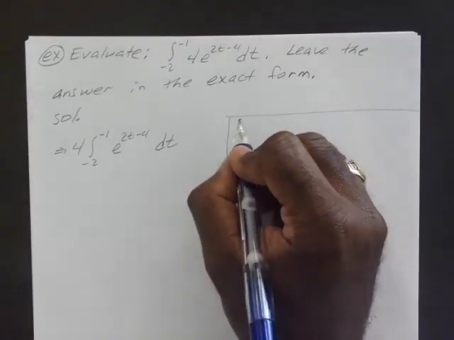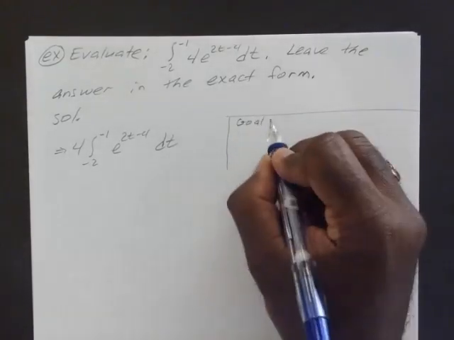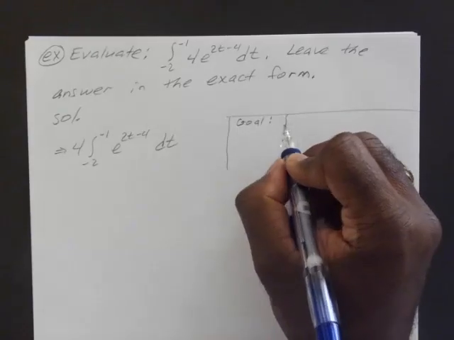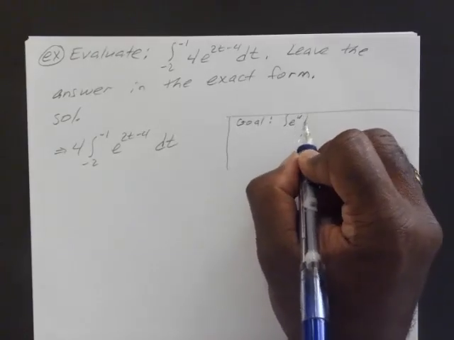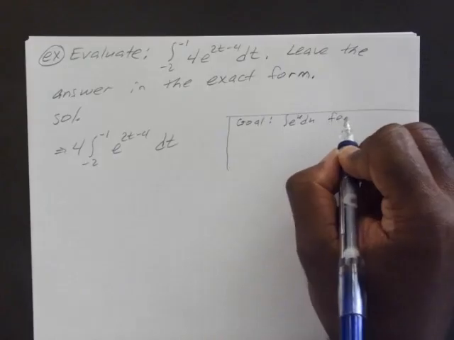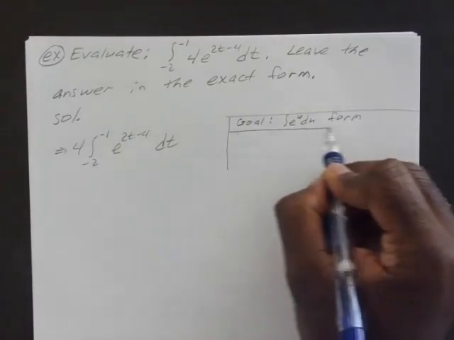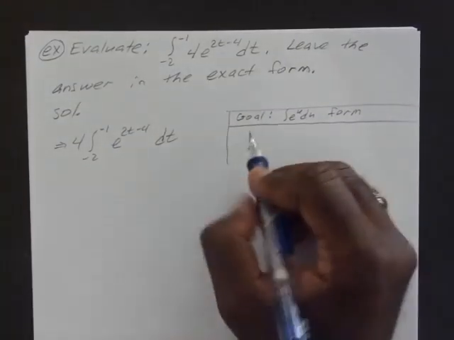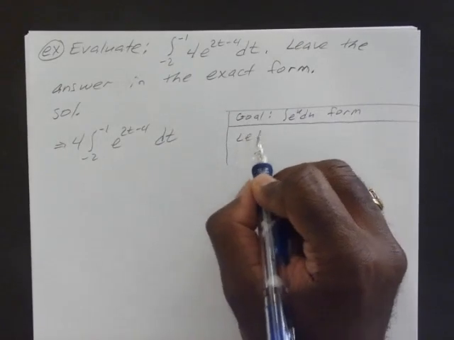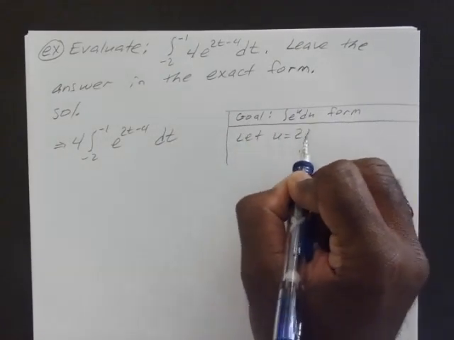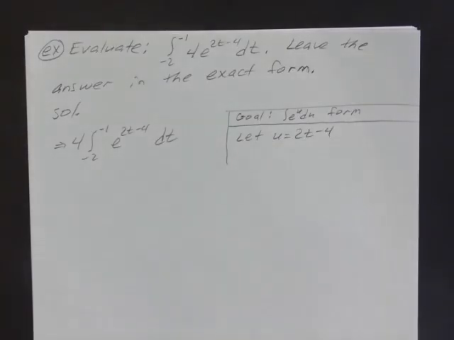Okay, so again, we know that our goal is to put it in the integral of e to the power of u du form. So that means we're going to let u equal 2t minus 4.